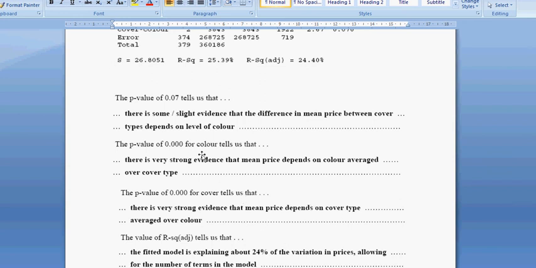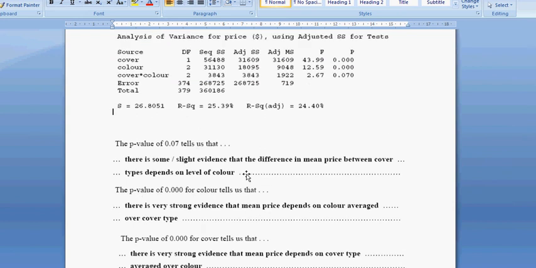This is pretty much exactly the same for color, except you substitute color in. This is the only main difference here, the cover star color. And pretty much the p-values have the same thing. So slight evidence that the difference in mean price between different types of cover depends on the level of color.